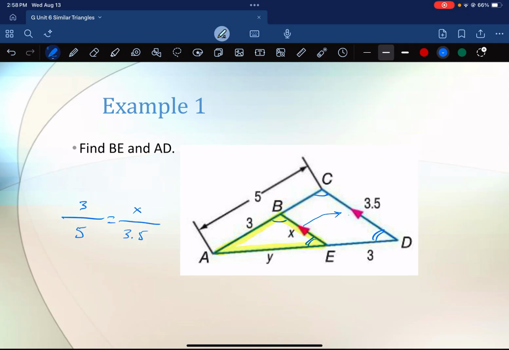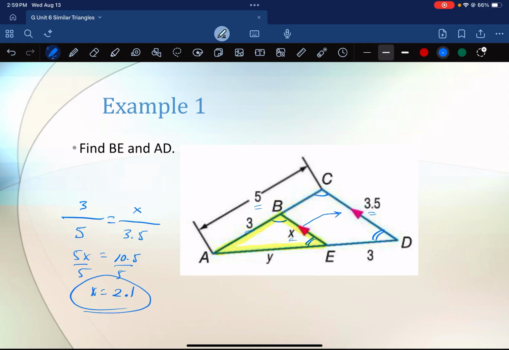So that's a good proportion. This side 3 corresponds to this side 5, and x corresponds to 3.5. You cross multiply: 5x equals 3 times 3.5, which is 10.5. Divide by 5, and x is 2.1.